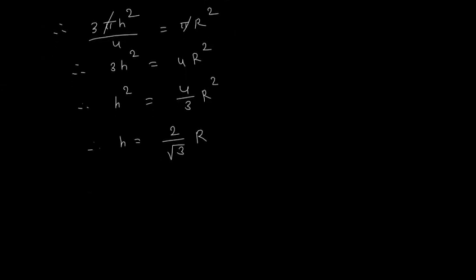Now when H is 2 upon root 3 R, we have d square V upon dH square.